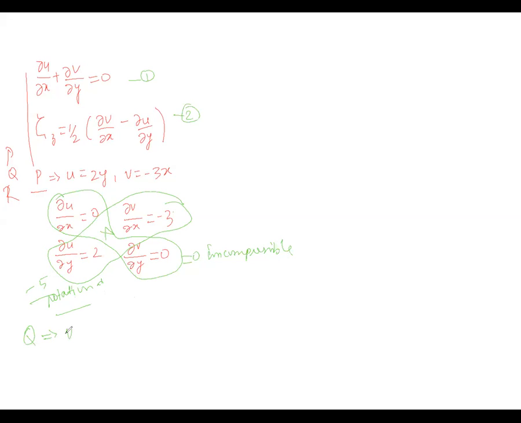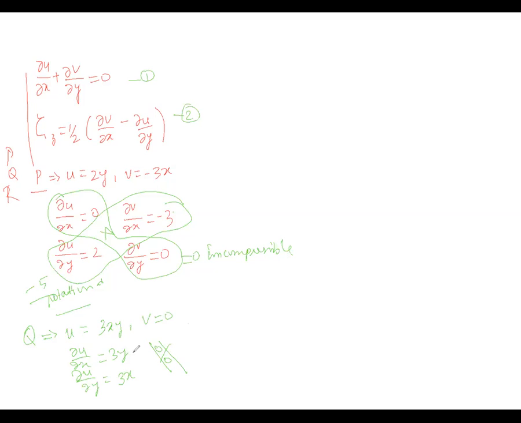For the Q fluid, U is given by 3xy and V equals 0. So dou U by dou x equals 3y, dou U by dou y equals 3x, and the other terms, being derivatives of zero, equal 0.